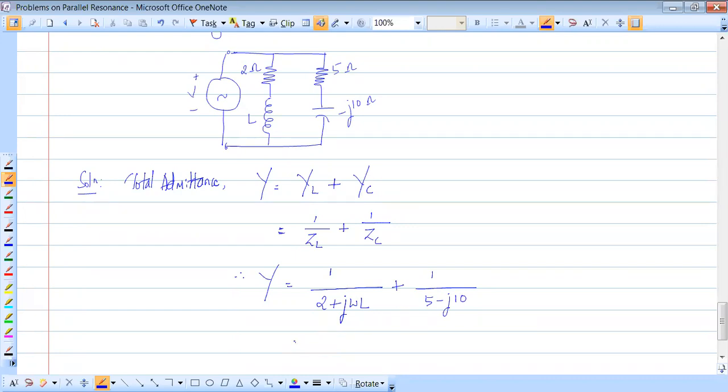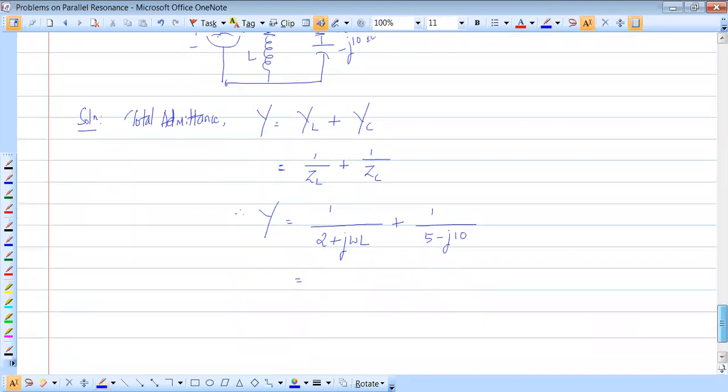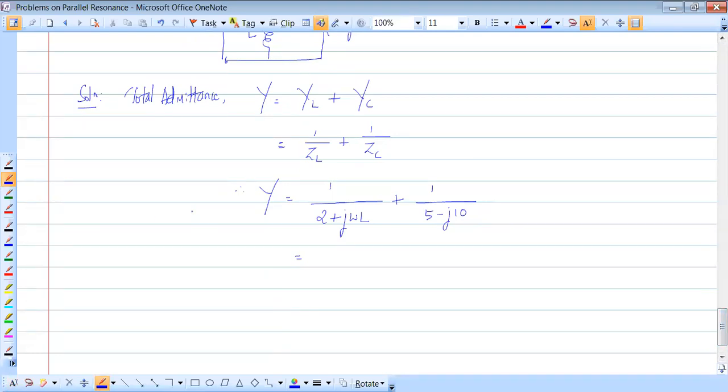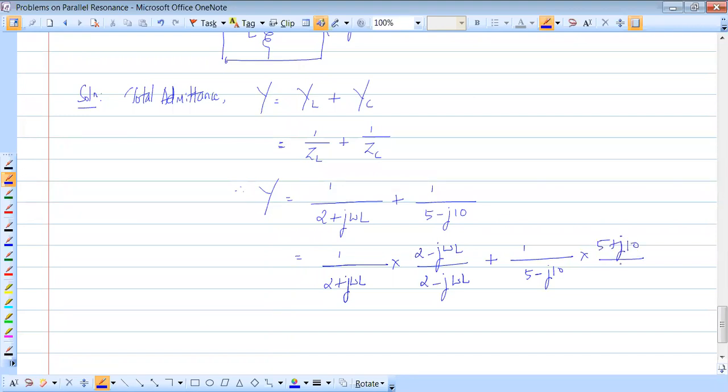Everybody rationalize and get the j in the numerator only. So how to do that? It's 1 by 2 plus j omega L, into 2 minus j omega L divided by 2 minus j omega L. Similarly, on the other term, it's 5 minus j10, so you would multiply and divide by 5 plus j10.